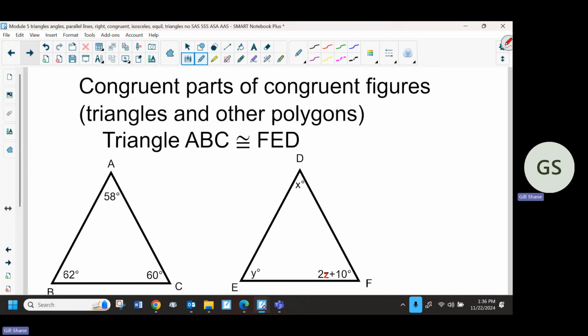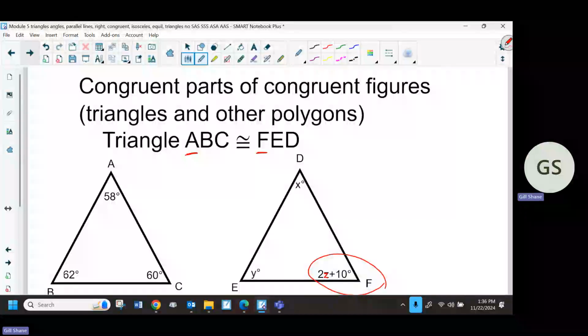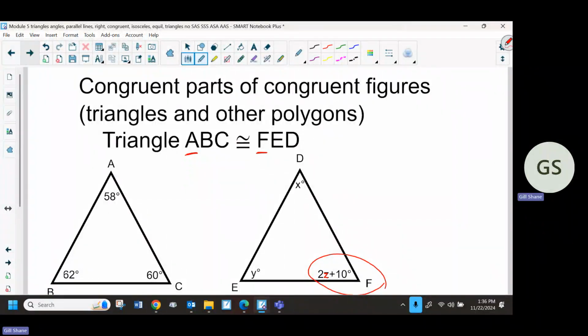Start kind of giving you hints. That's where the Z is in that angle. You know the answer?